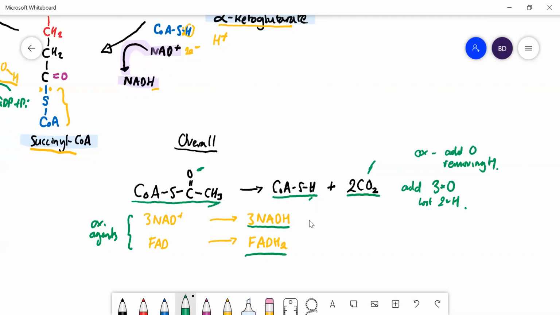Okay, so we can see overall, acetyl-CoA is oxidized by NAD plus and FAD to CO2. So we've now generated the CO2 that comes in respiration. Okay, and the next step is called oxidative phosphorylation, and it's for these reducing agents to push electrons through the mitochondrial electron transfer chain, eventually ending up with oxygen, and they'll turn the oxygen into water.